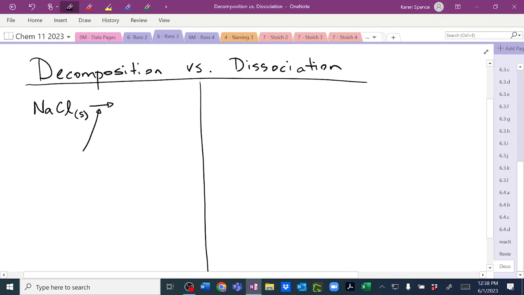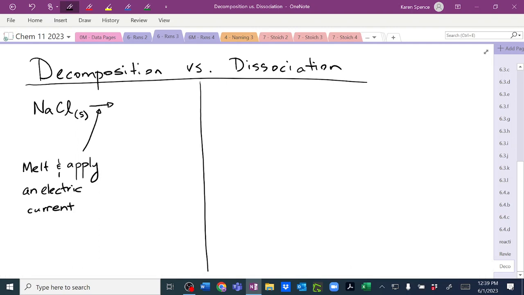We're going to melt it, and we're going to apply an electric current. What we're going to end up with is sodium with a 0 charge, solid.